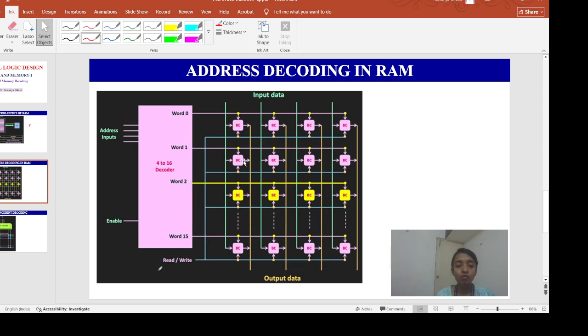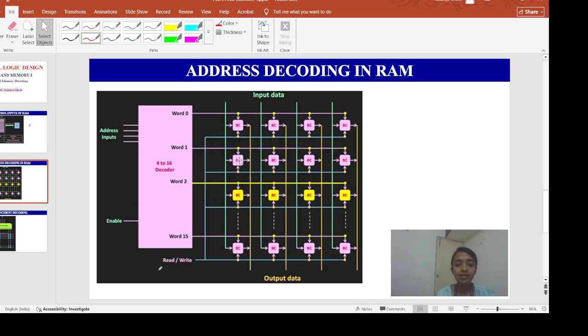The group of 4 binary cells makes one word. With the help of this 4:16 decoder, we can select any one of the 16 words.